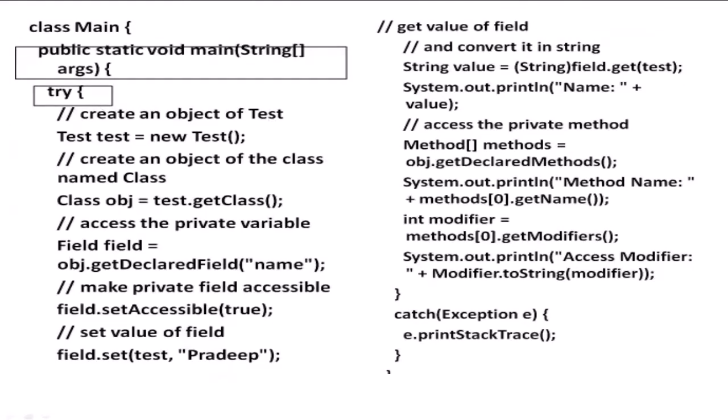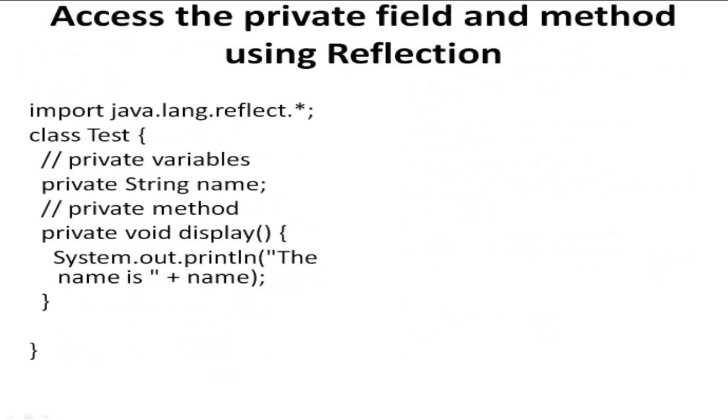So in this particular program, what have we done? In the previous program, we declared two things as private. The first one is the private String name, and the second is the display method as private.